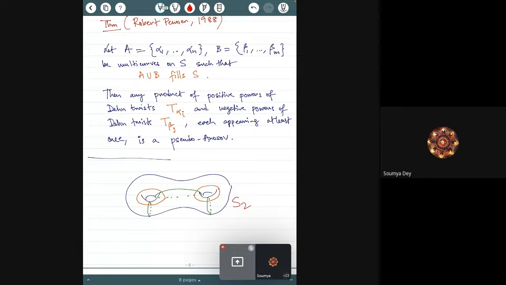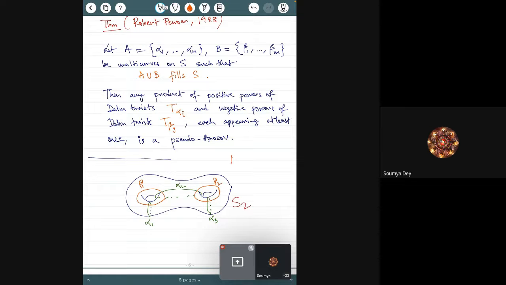We can name them. Say this is our alpha 1, this is our alpha 2, alpha 3, and say this is our beta 1, this is our beta 2.